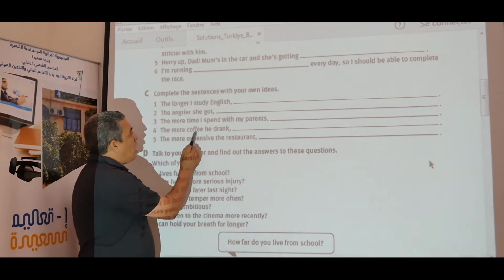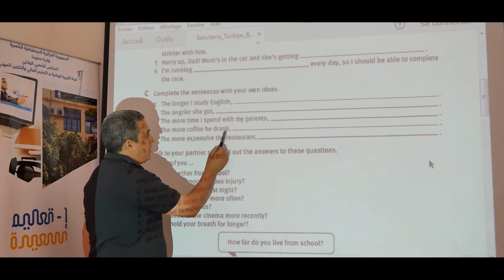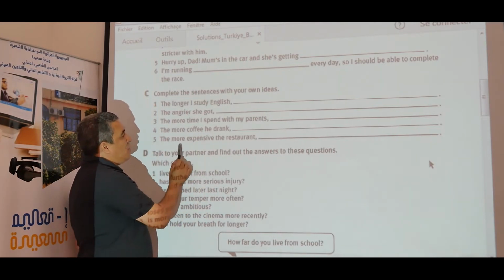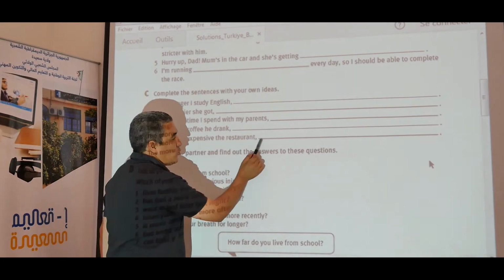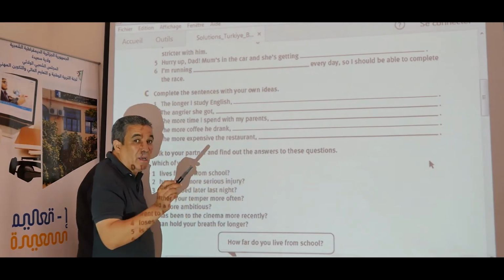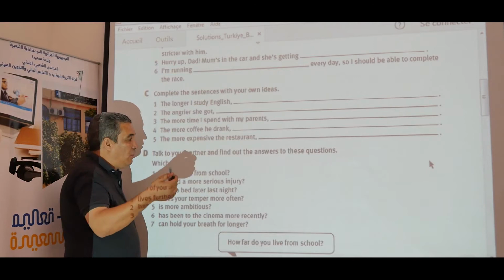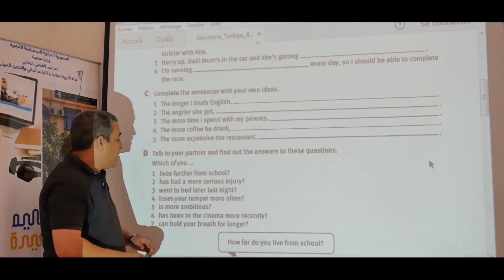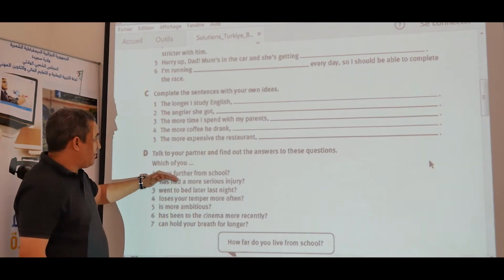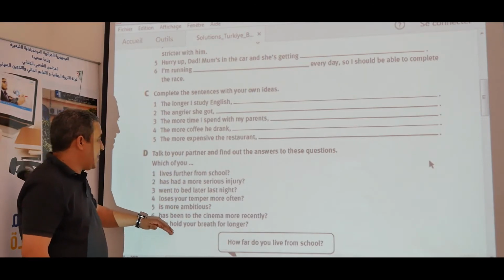Now, the more coffee he drank, or 5, the more expensive the restaurant, for example, the better the food is. Excellent. Now, when you have time, you can, for example, think of these ideas.